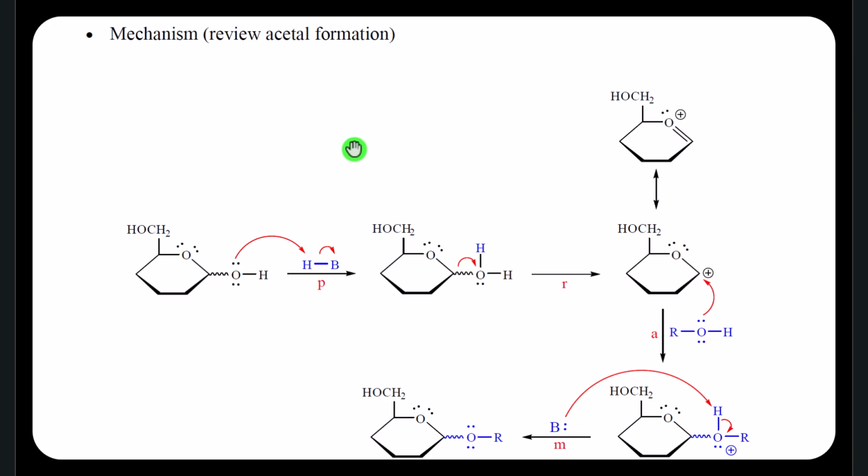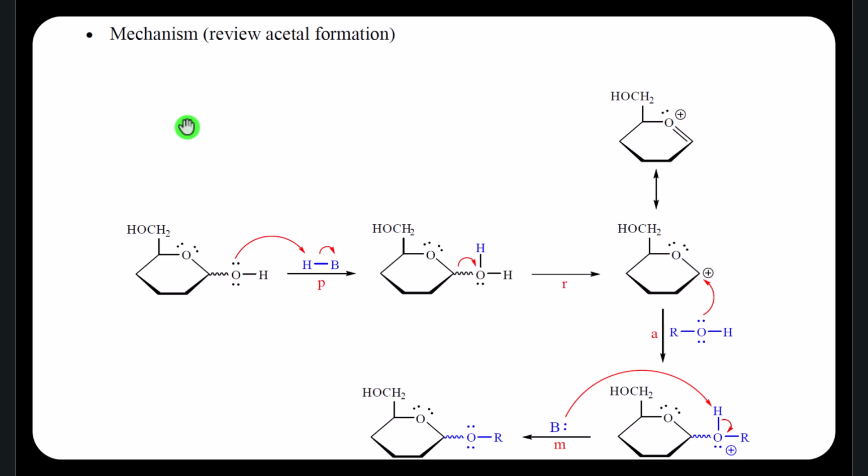When we looked at that mechanism, we introduced our PRAM mechanism terminology. The overall mechanism for acetal formation was protonate, add, make stable, protonate, remove, add, make stable. In other words, the acronym PAM-PRAM.